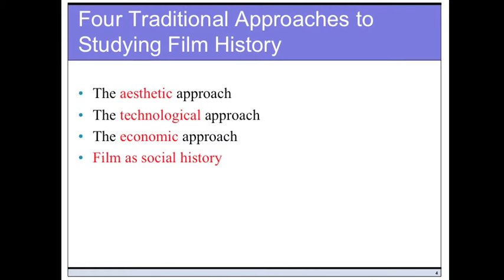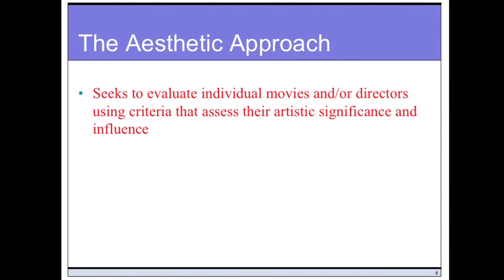So let's talk briefly about the approaches to studying film history. The first one is the aesthetic approach. Basically, aesthetics is a big kid word for how things look. Artistically, if movies have a certain look to them, that's called their aesthetics.